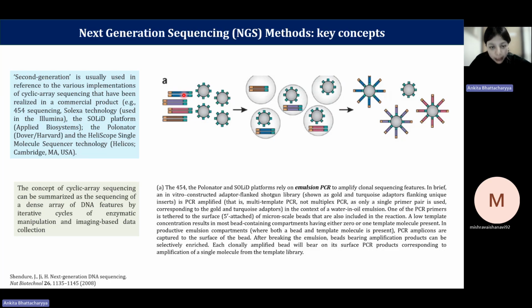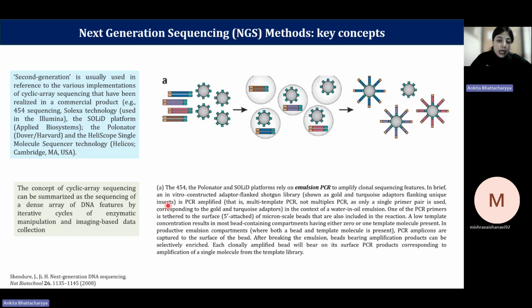To that fragmented DNA, we attach small regions of known sequence that can be used for further sequencing reactions, and those regions are called adapters. So you have adapters for 5' regions and for 3' regions, which are shown in yellow or gold and turquoise. They each flank unique inserts. Each of these four inserts, you can see, are differently colored and they are all flanked by these adapters.